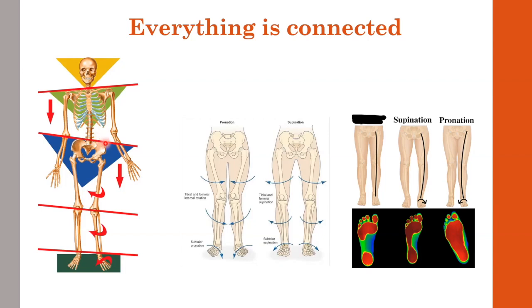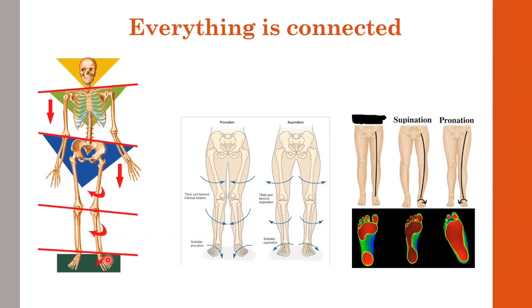A prime example here: if we have weak hip abductors, it's causing that ipsilateral hip dip that causes the femur to internally rotate. This internal rotation of the femur will cause this knee valgus action about the foot. And because the knee valgus action is occurring, there will be an internal rotation about the tibia bone, as well as a more lateral translation of those lower leg bones.